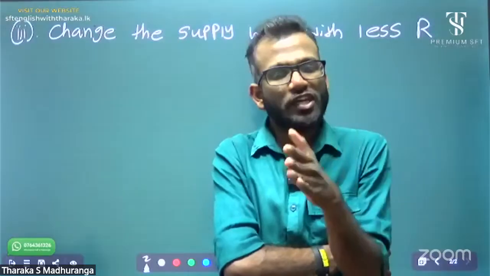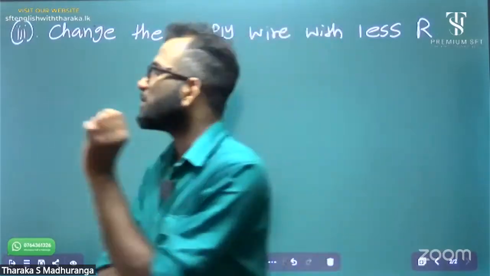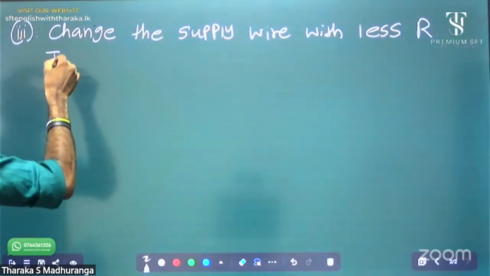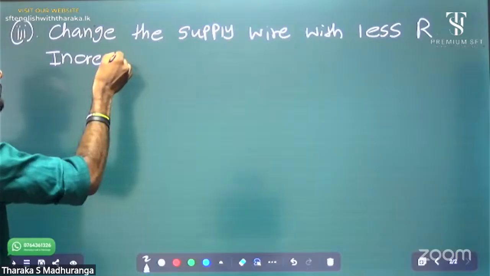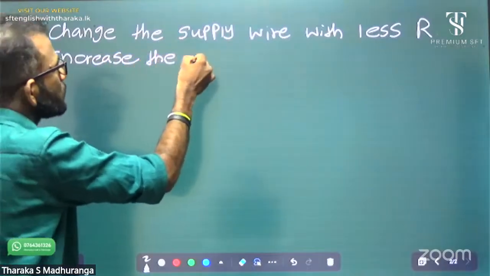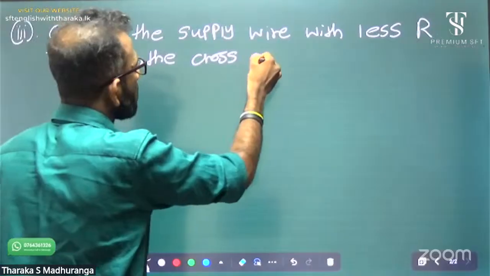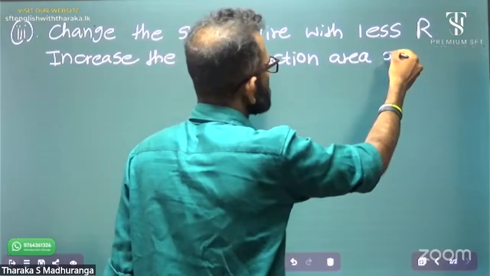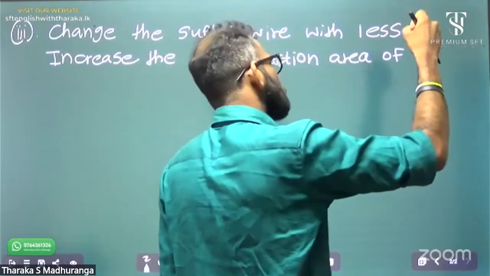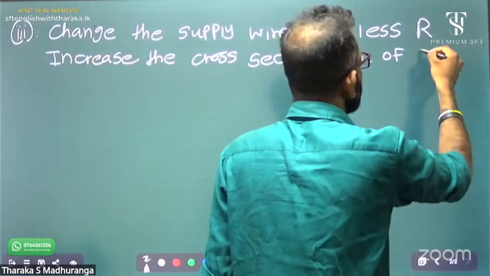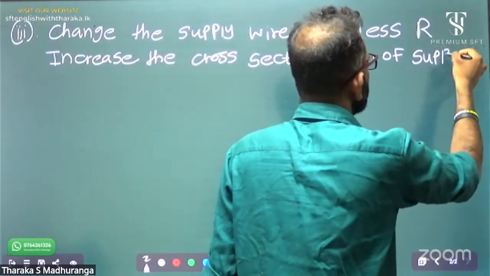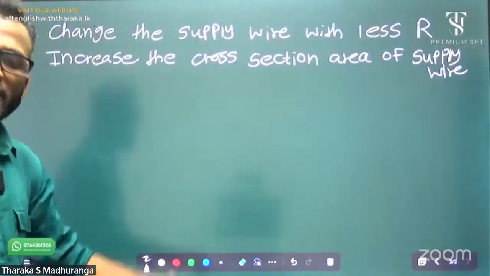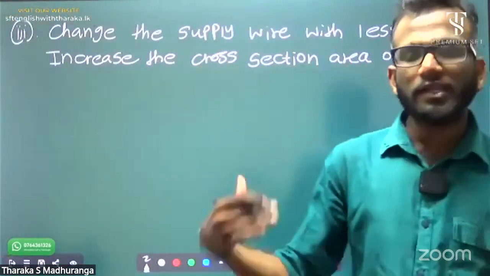We can change to a wire with higher thickness, that means a high cross-section area. Okay, they are the most practical suggestions.